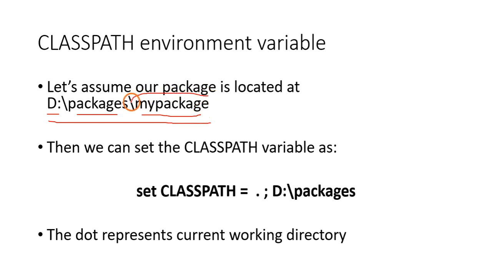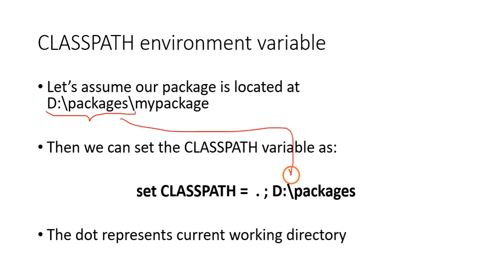So my actual package is this one, mypackage, and it is stored at this location, the D drive packages folder. Now you will set the classpath in this way. So what is classpath? Classpath is an environment variable. This belongs to the operating system.